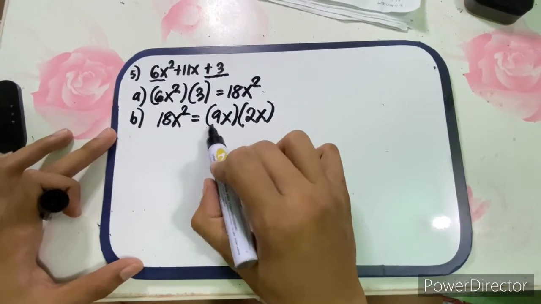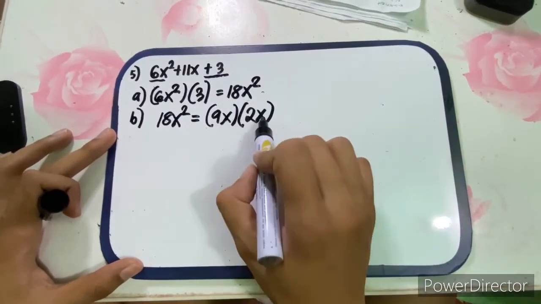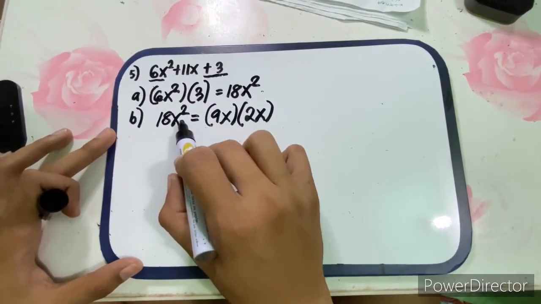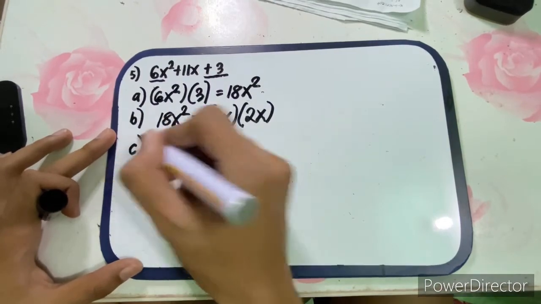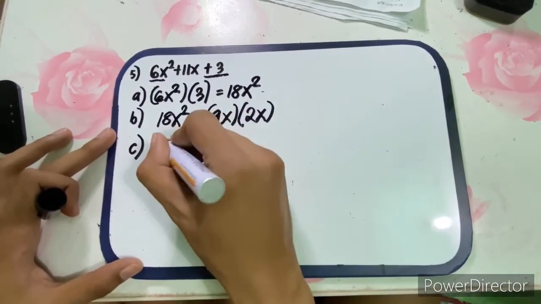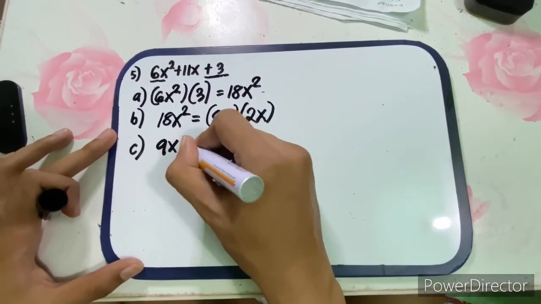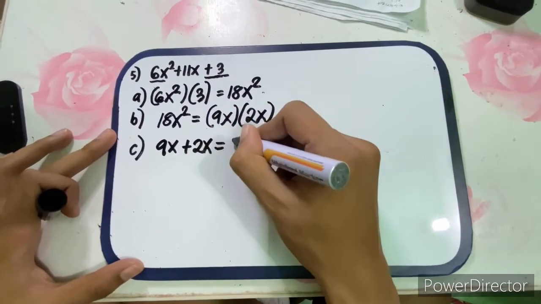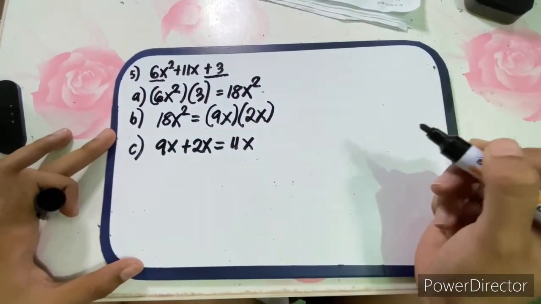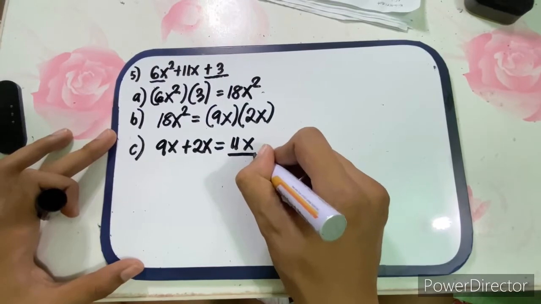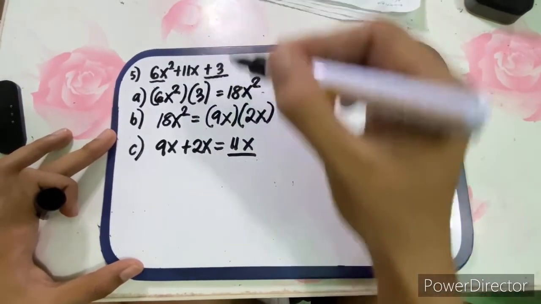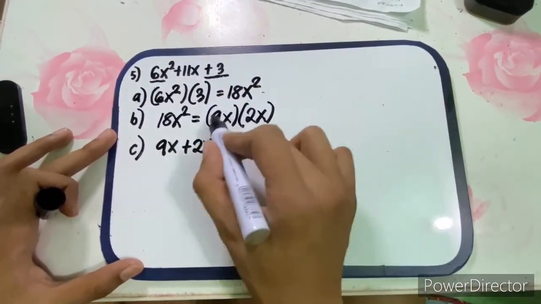Because 9 times 2 is 18, and x times x is x squared. For the letter C, we will add 9x plus 2x equals 11x. So if you notice, 11x is equal to here. So we have the correct pair.